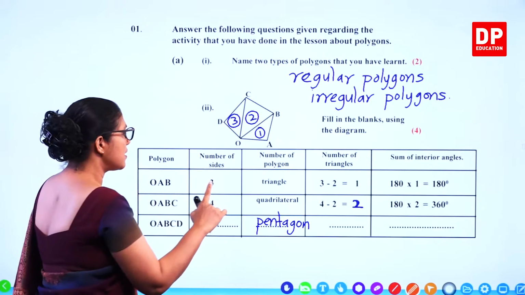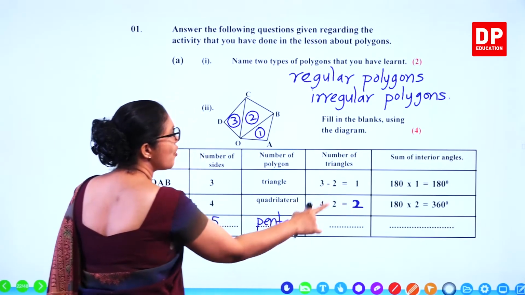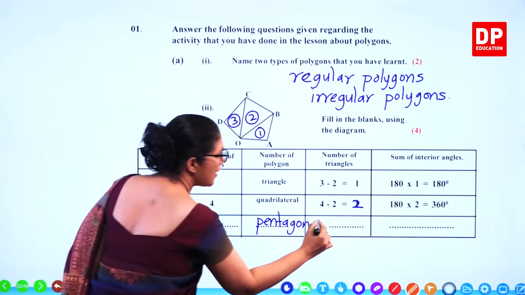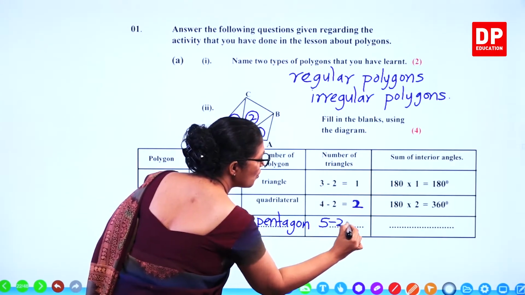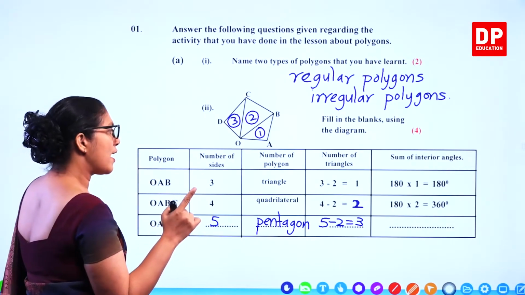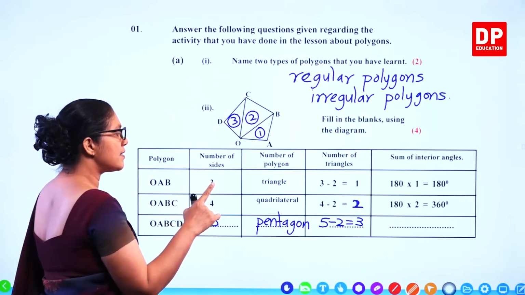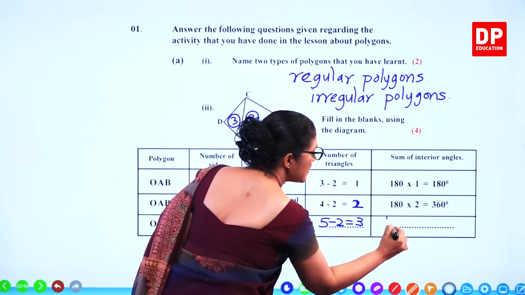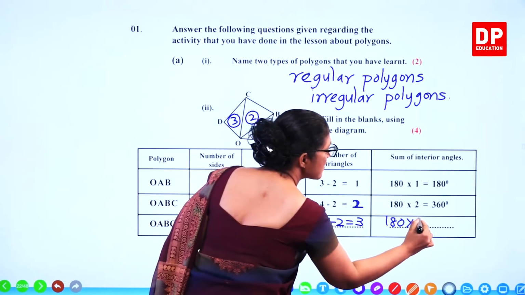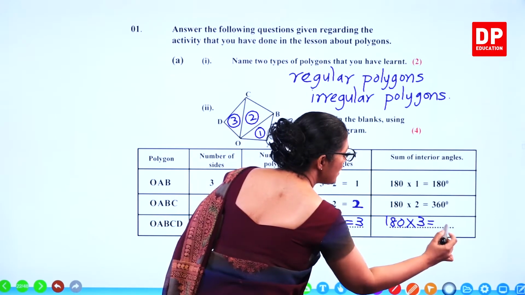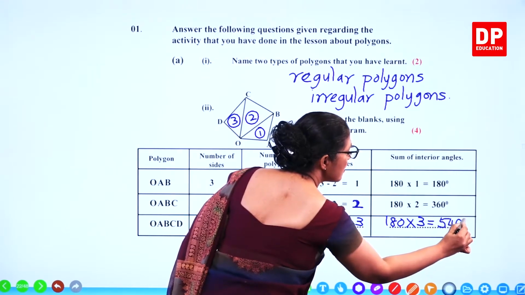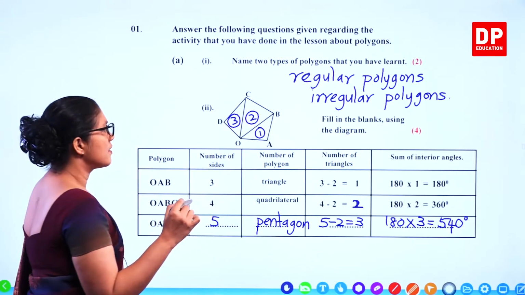How can you write the number of triangles? That's 3. Using 5, we can write 5 minus 2, that's equal to 3. Now, how can we find the sum of interior angles? 180 is there, and the number of triangles, 3. So 3 times 180, 540 degrees.